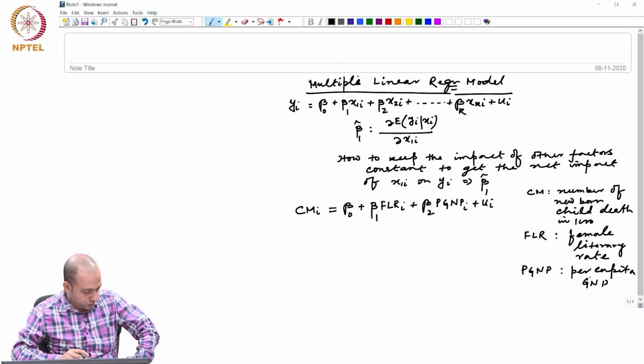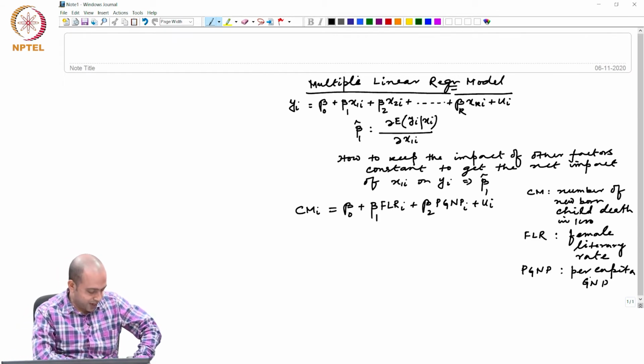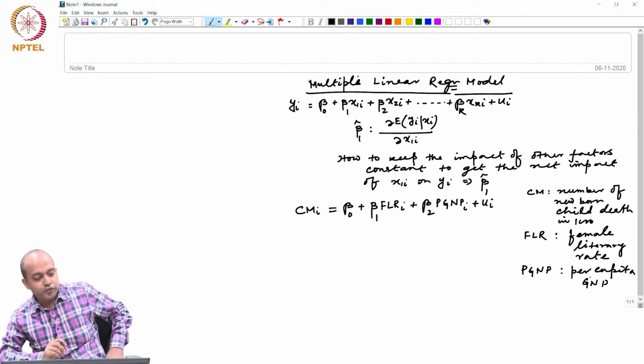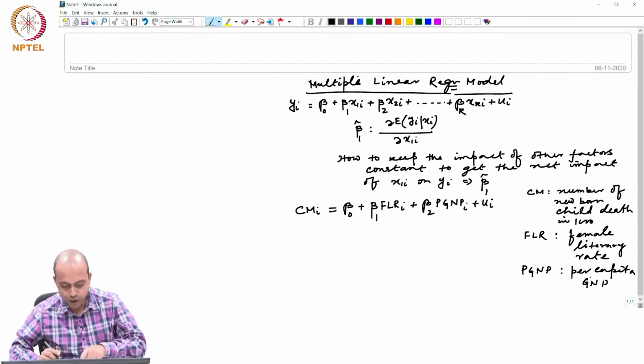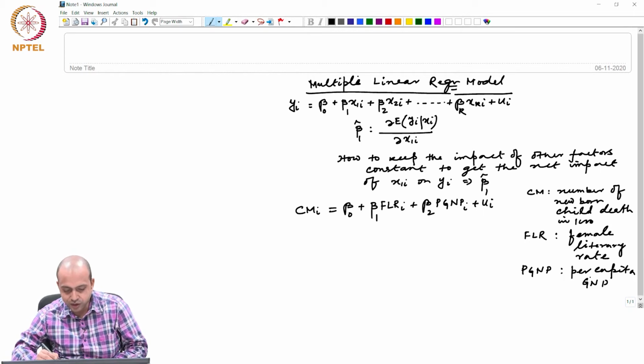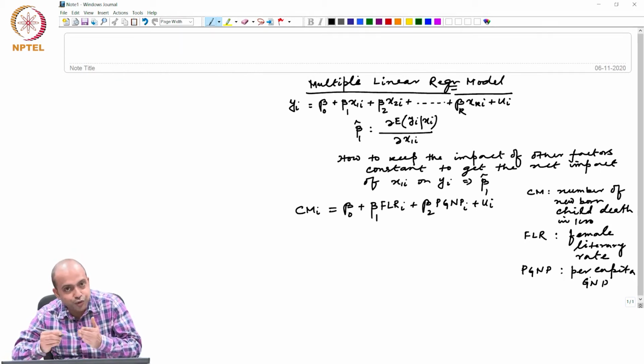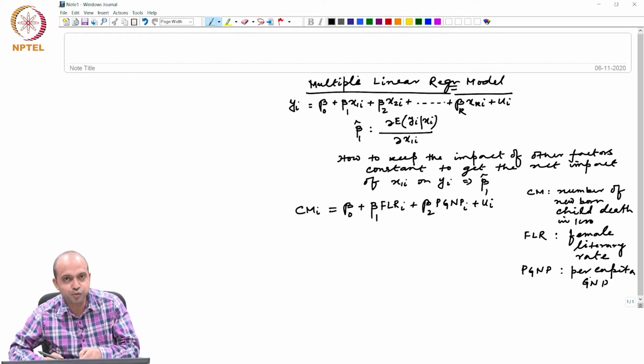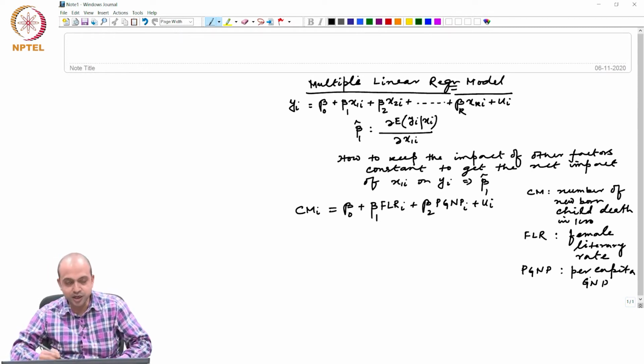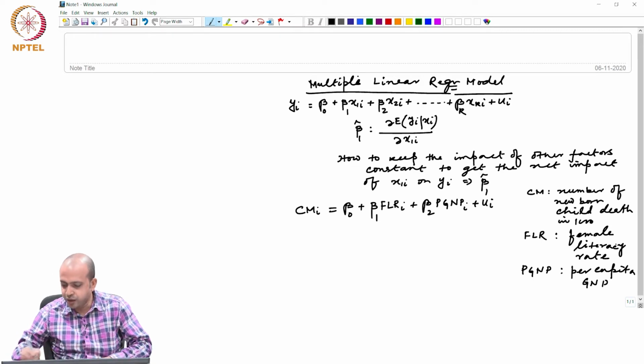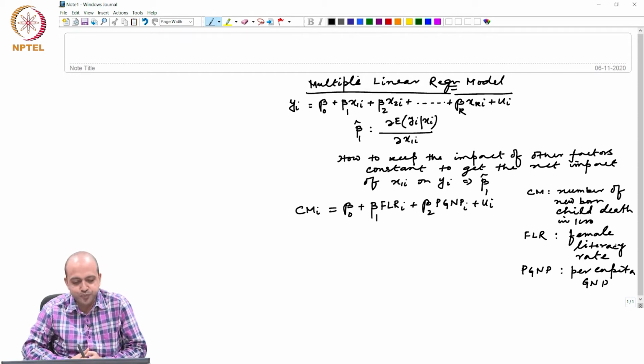First we will try to understand why these particular variables are included in the model. We are trying to explain the child mortality rate, and as determinants of child mortality rate we have included female literacy rate and per capita GNP. What is the logic?